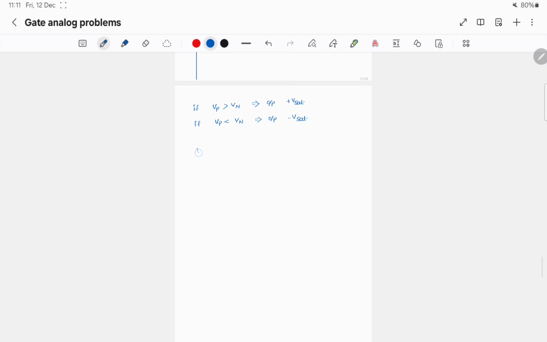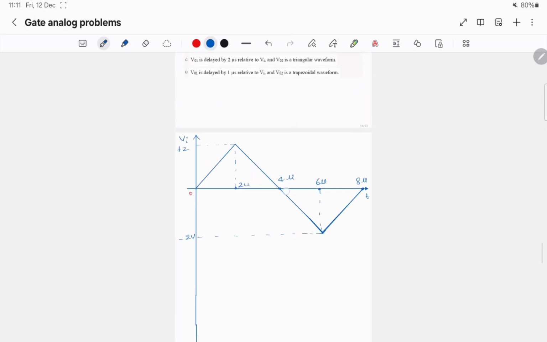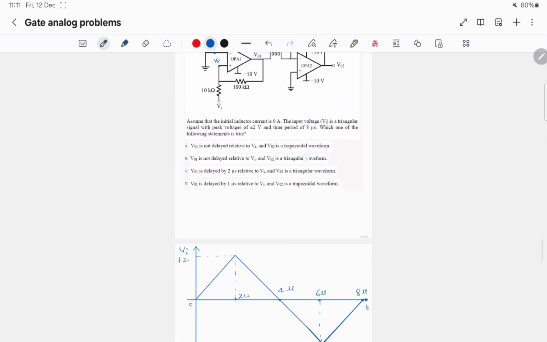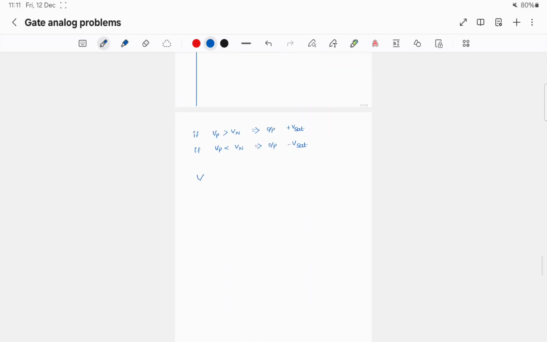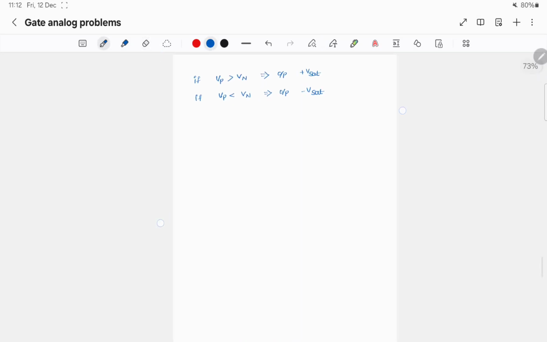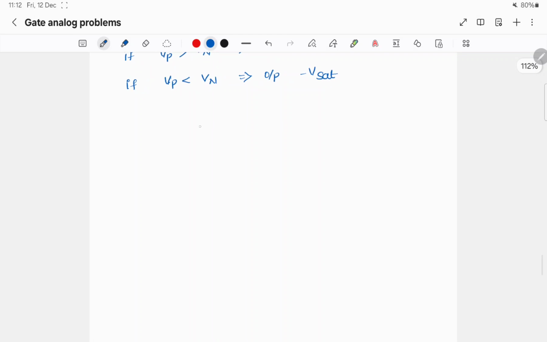I'll draw the network here for reference. This is connected to ground.